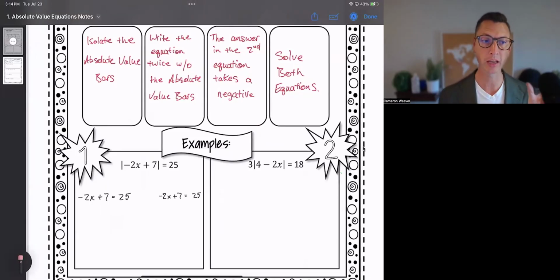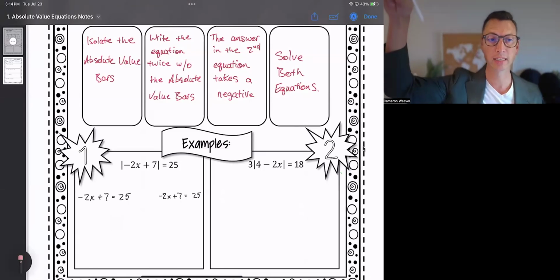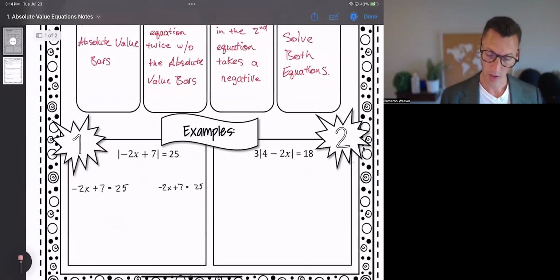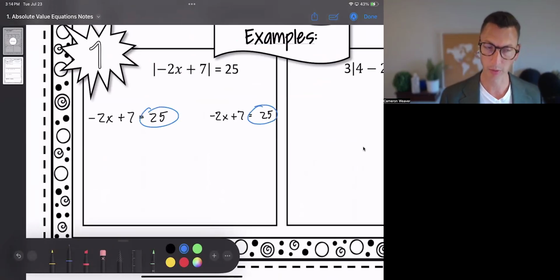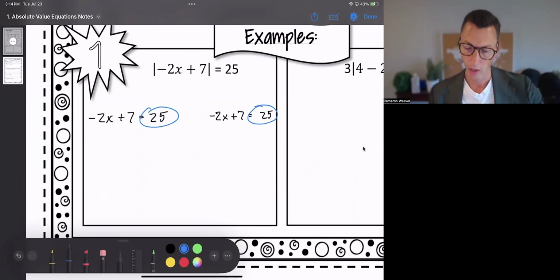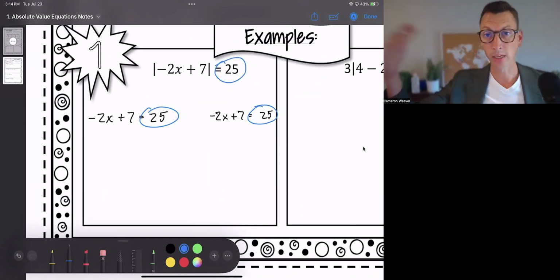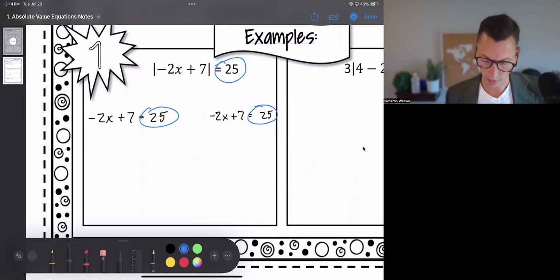Now here's step number 3. So I wrote them both identically, writing them both twice. Step 3 says that the answer in the second equation takes a negative. So notice each of these equations have an answer because they're being equal to 25. The original that it was equal to was a positive 25.